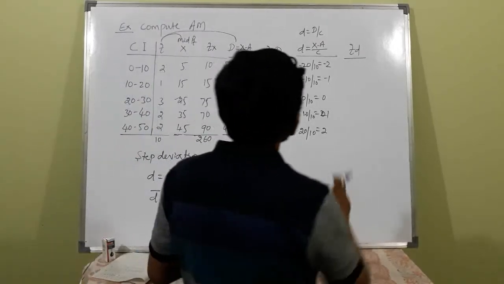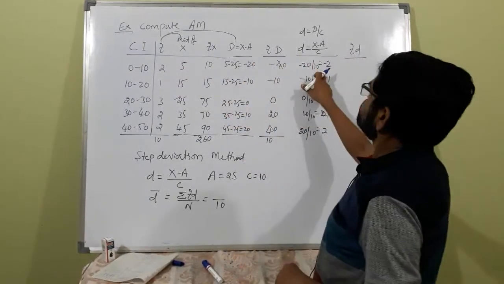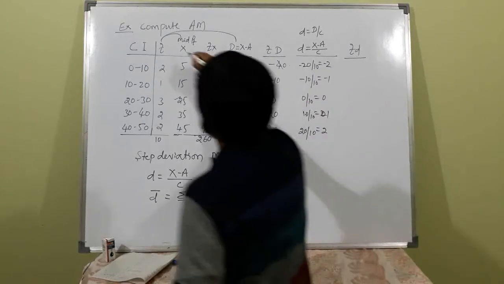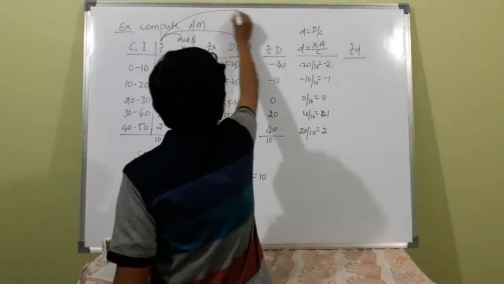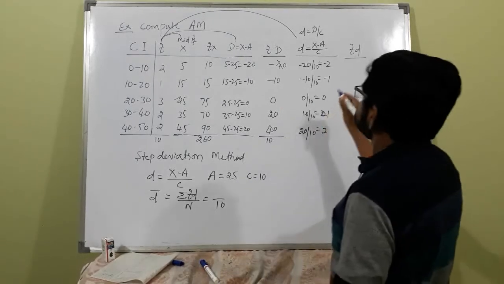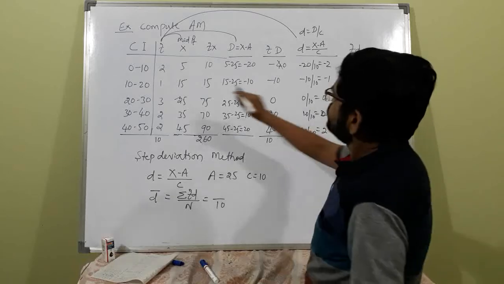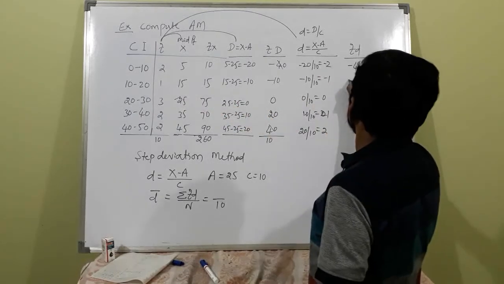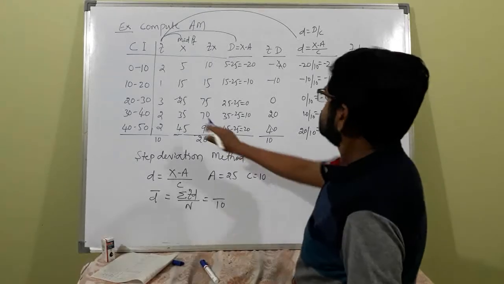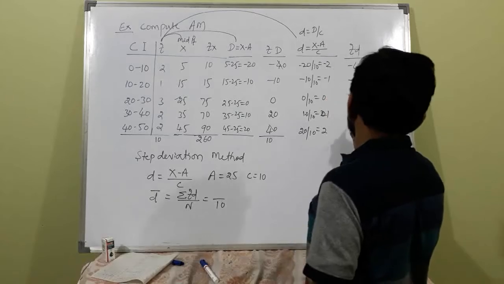Summation fd means f into small d. 2 into minus 2, minus 4, 1 into minus 1, minus 1, 0 into 3, 0, 2 into 1, 2, 2 into 2, that is 4.